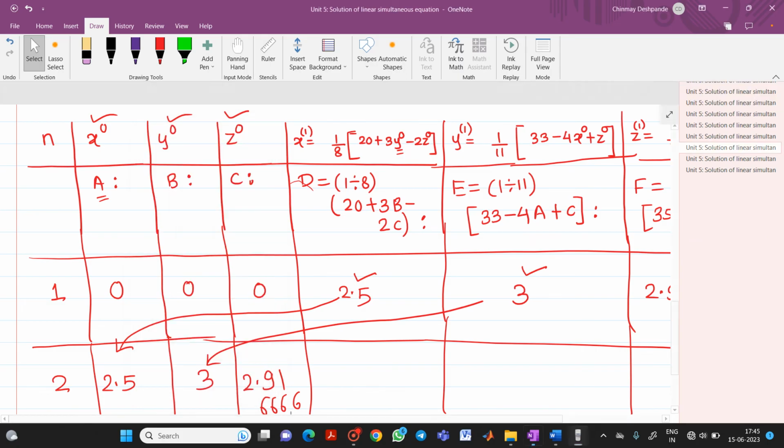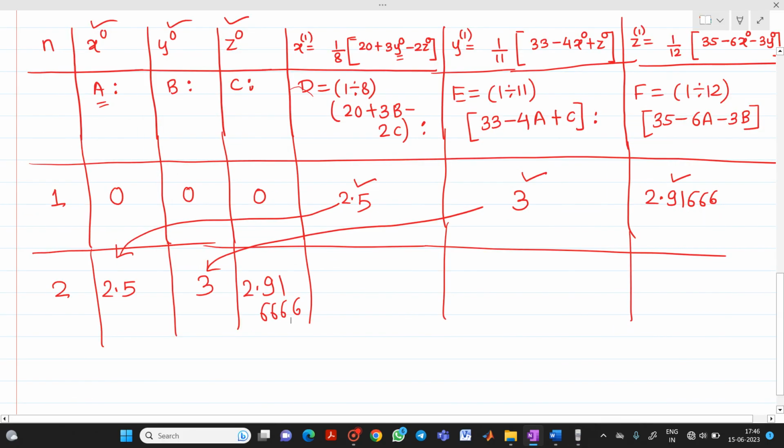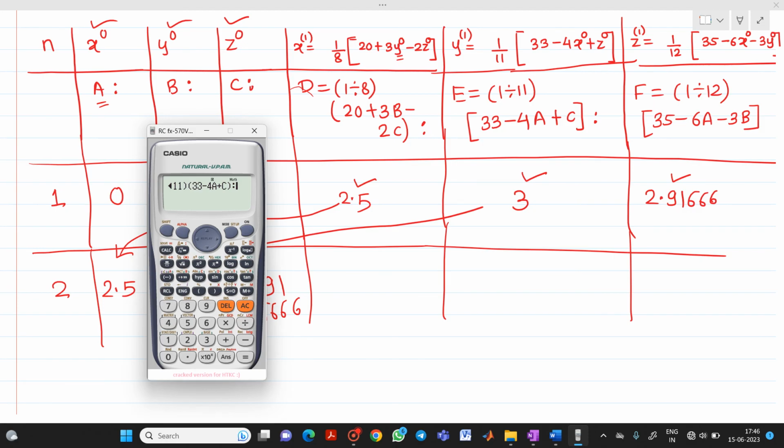If you see, what is this? F equal to 1 divided by 12, so Alpha and tan, you will get F equal to 1 divided by 12 into bracket 35 minus 6A minus 3B.